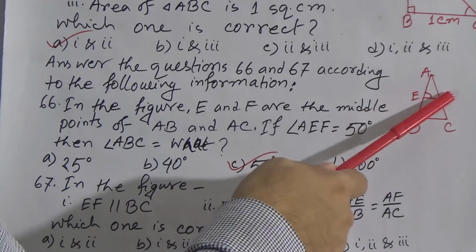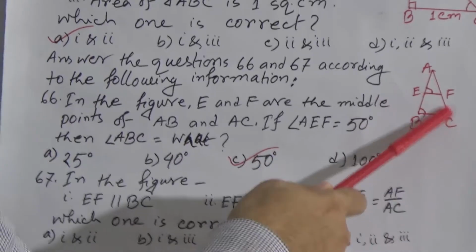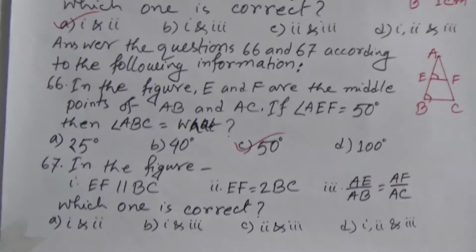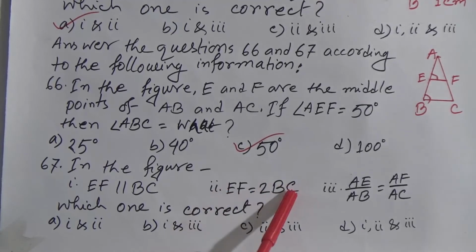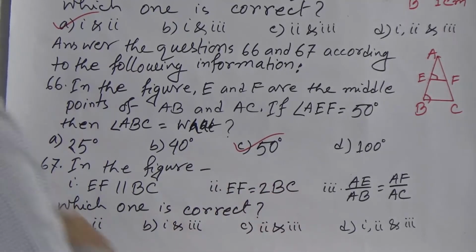No, EF must be half of BC. You know this from the given theorem of your book. Dear students, EF must not be 2BC. Here EF must be half of BC.